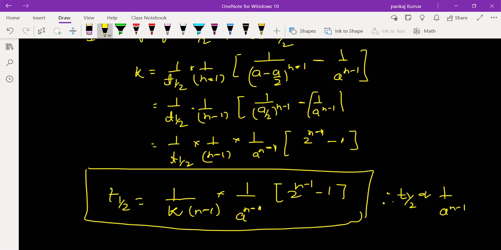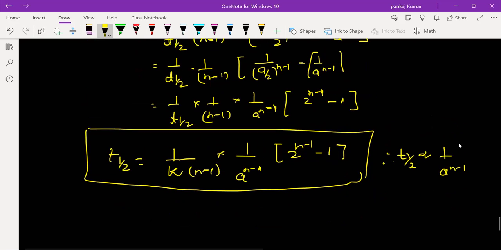N minus 1 only. It is coming n minus 1 value after. Okay. So we can conclude from here also.